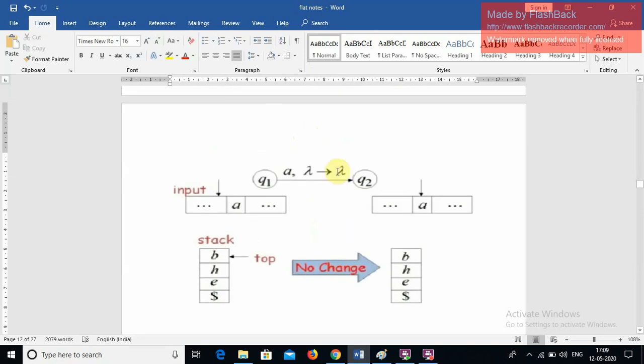Okay, you can observe this. Q1 to Q2 state transition, A comma lambda to lambda. What does it mean? A is an input symbol. Next, lambda, the top of the stack should be lambda. Presence or absence of a lambda makes no difference at all. So we can pop lambda, that means nothing we can pop here, and we can push nothing here. So that means there is no change in the stack.